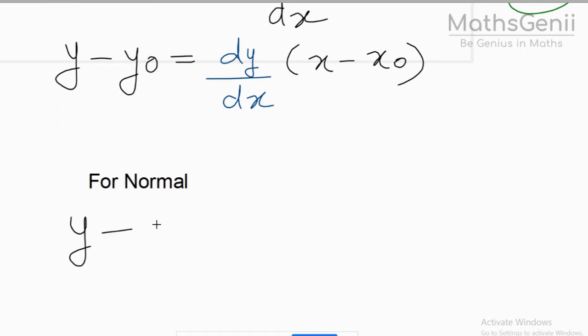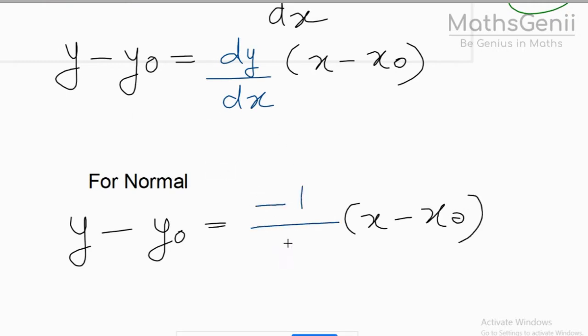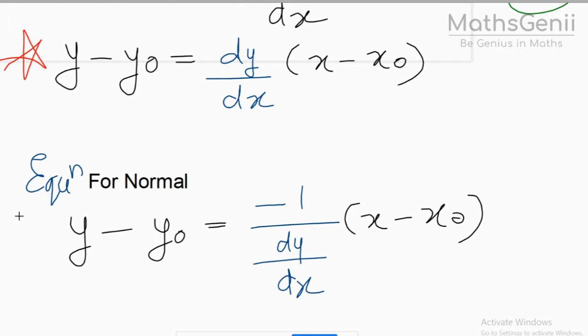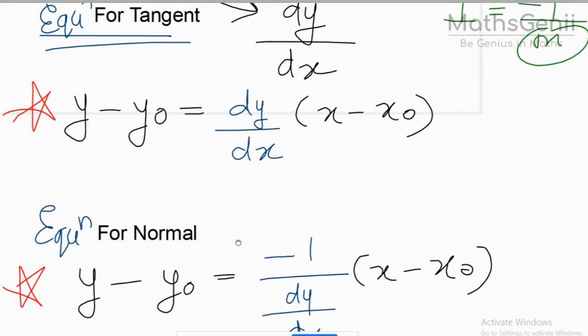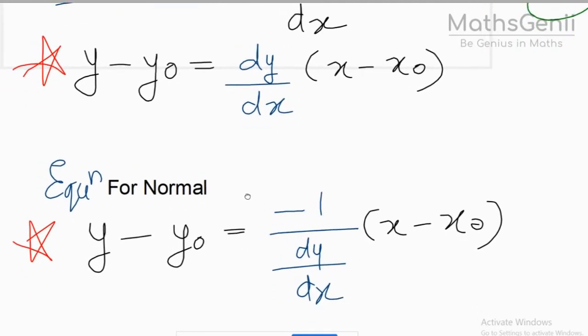I'm just rewriting the same equation, and there is only one change, which is the slope will become minus 1 upon dy by dx. That's it. For the entire concept of tangent and normal, these are the only two formulas you need to know: equation of tangent and equation of normal. I think it's pretty clear.